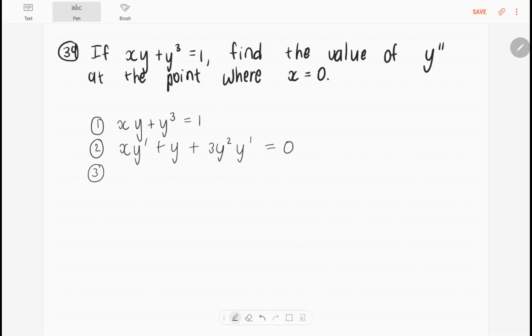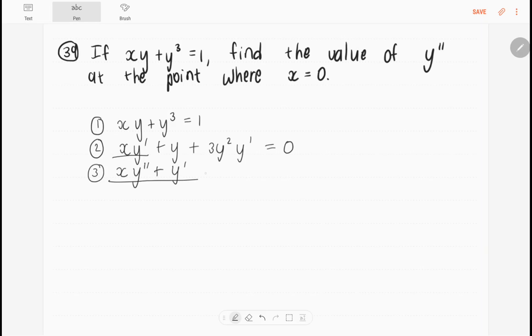Now I want to apply implicit differentiation once again. So I have a product. I'm going to apply it to that product. So it's the first times the derivative of the second plus the derivative of the first, which is 1, times the second, which is going to be y prime. So that's my first product.